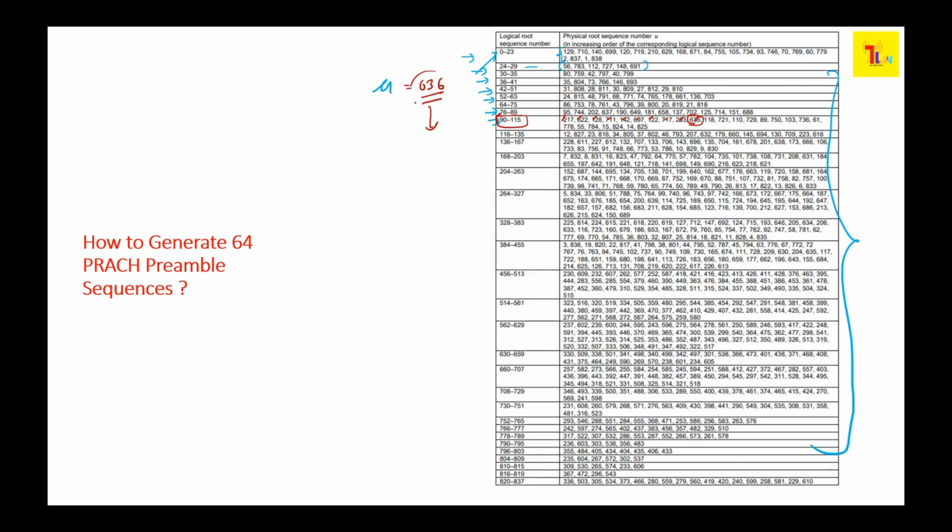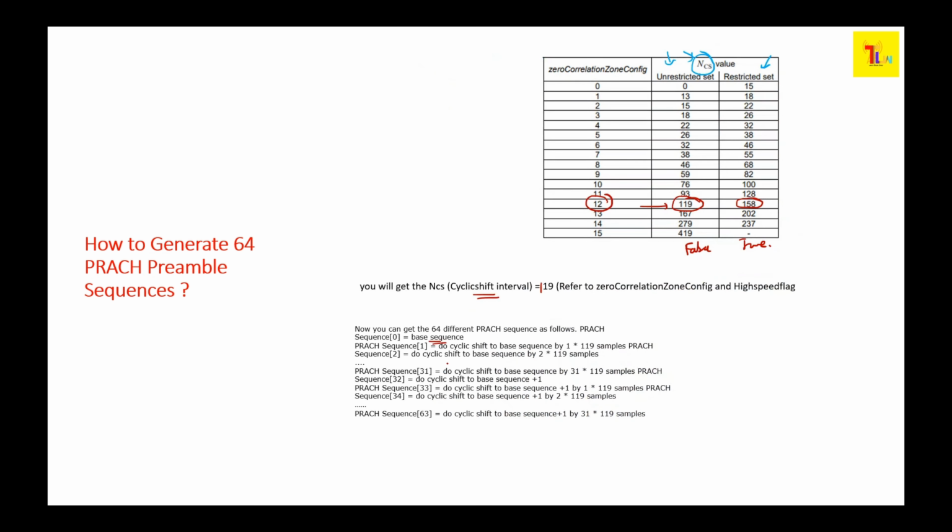We will do the cyclic shift to get the first sequence, the second sequence, by doing the cyclic shift of the base sequence by 1 times 119 samples. Likewise, the third sequence, fourth sequence, till 31, we are going to get by this particular calculation. By 119 samples, which we got from here, it will keep doing the cyclic shift and keep generating those 64 preambles. So this is how exactly your preamble is generated.